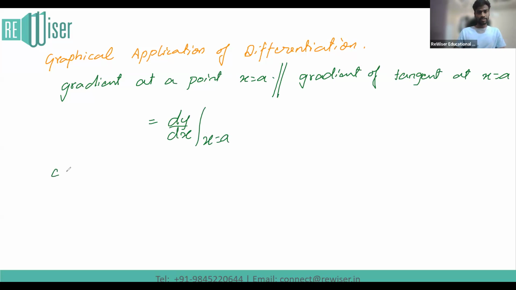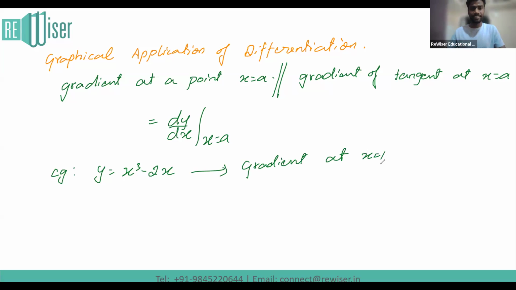So which means, for an example, if I have y equals x cubed minus 2x, and I need to find out the gradient at x equals 1, I'm interested in finding the gradient at x equals 1. In order to do that, first of all, we have to differentiate this.